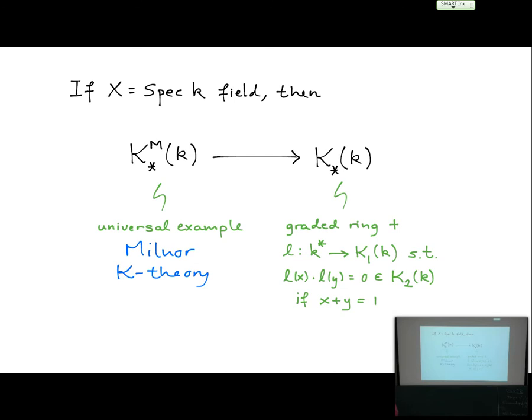And Milnor defined these groups called Milnor K-theory, and that's just a universal example of this algebraic structure. So whenever we have a graded ring together with a map from the units in the field to that ring, such that the Steinberg relation is satisfied, there's a unique map from Milnor K-theory to that ring.